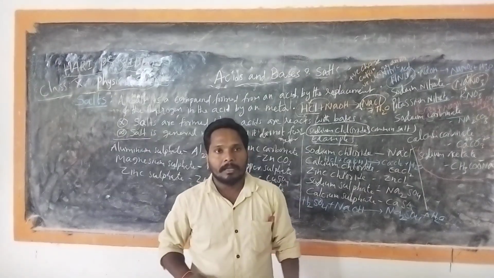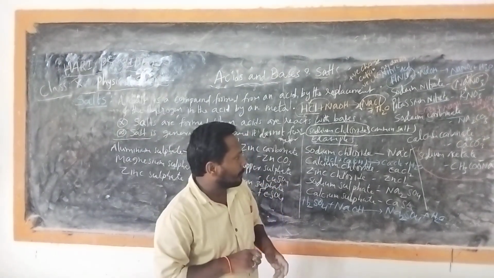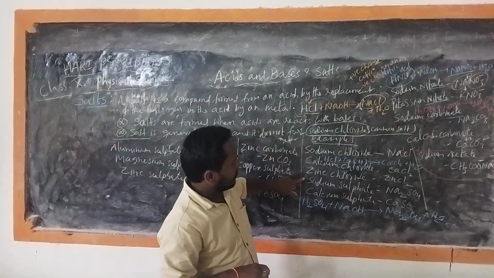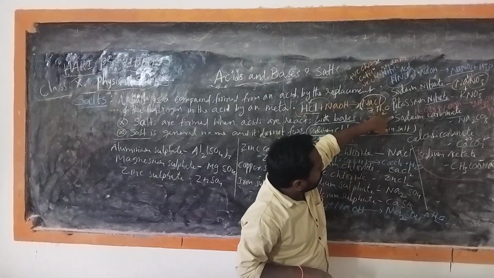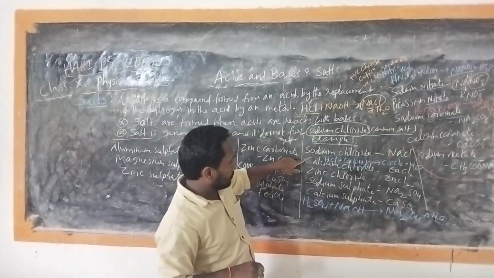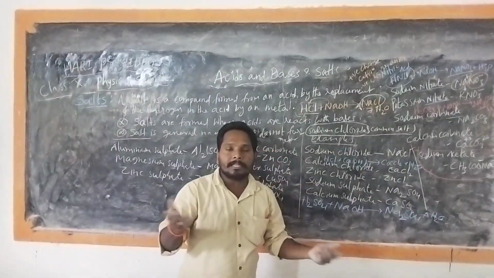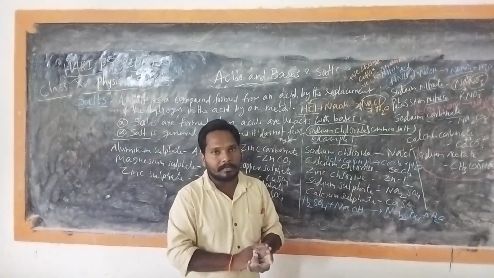Sodium salts examples: sodium chloride, sodium sulfate, sodium nitrate, sodium carbonate, sodium acetate. Similarly, calcium chloride, calcium sulfate, calcium carbonate, calcium bicarbonate are calcium salts.